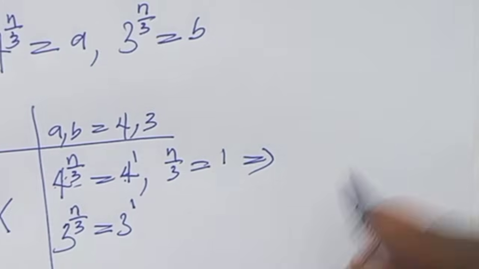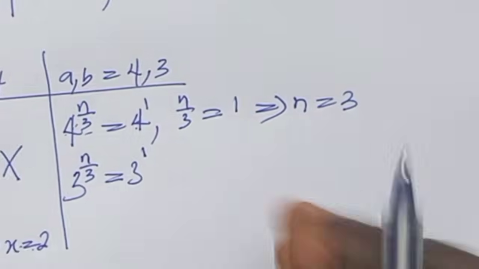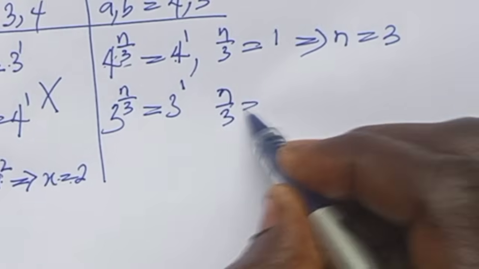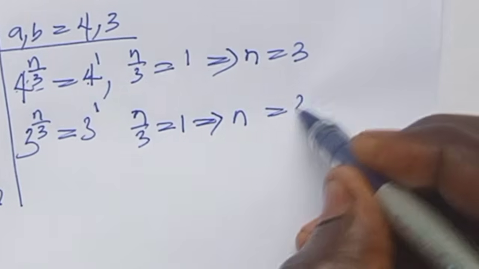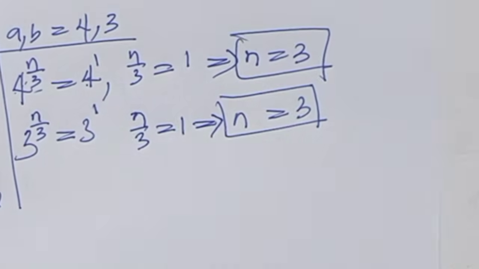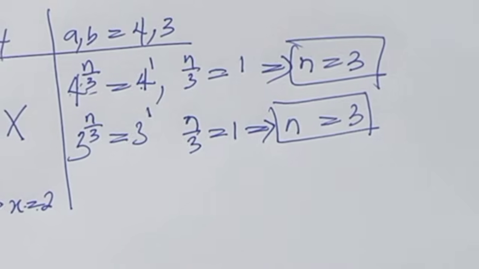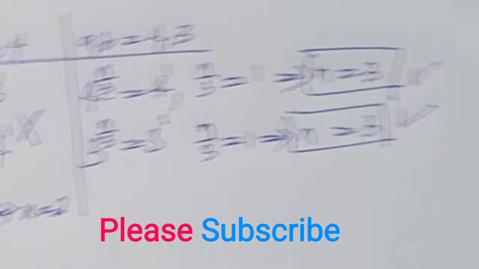And from here, n is equal to 3. Also here, n over 3 is equal to 1, and here n also is equal to 3. So the two categories gave us n to be equal to 3.